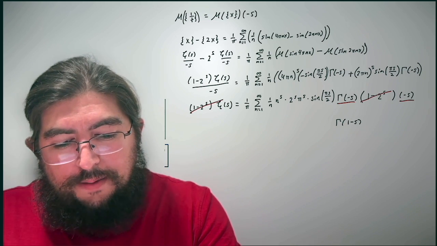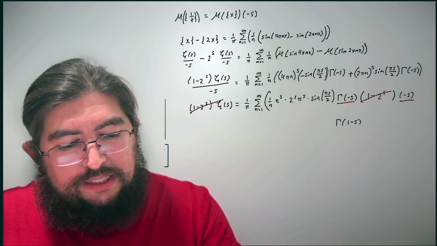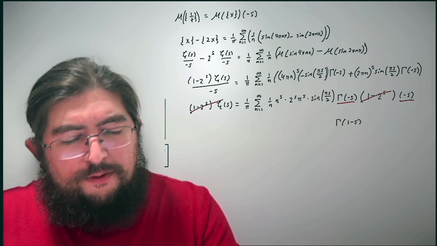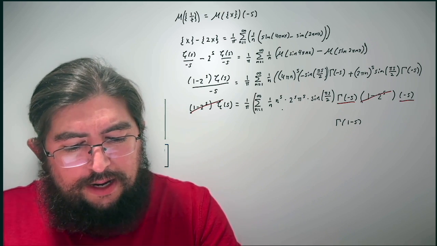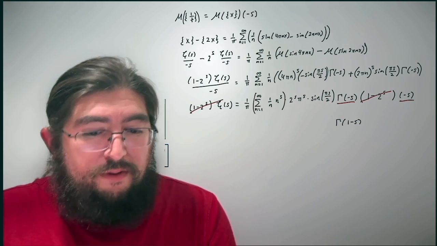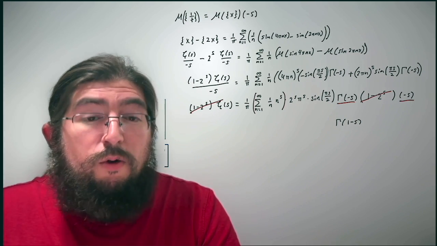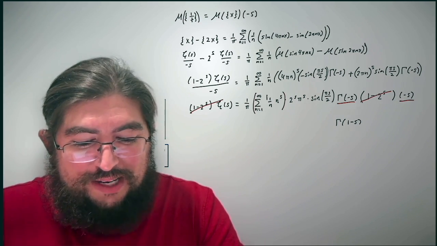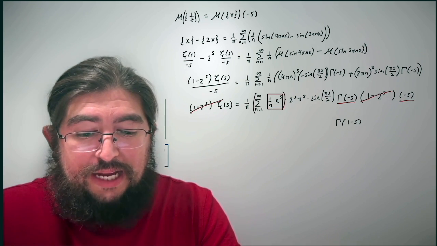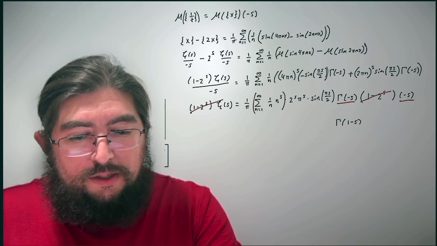Okay. Now, it looks like all of this is inside the sum, but in reality the sum is only dependent on n, and these are the only things involving n. So in fact, how can we write this? We write this as n to the s minus 1, sorry.